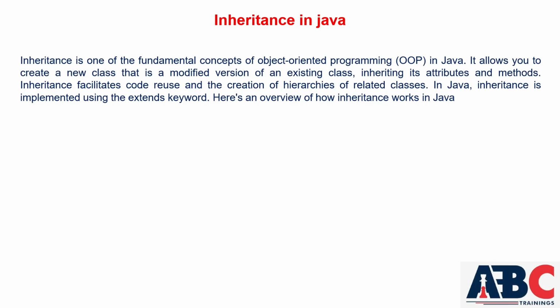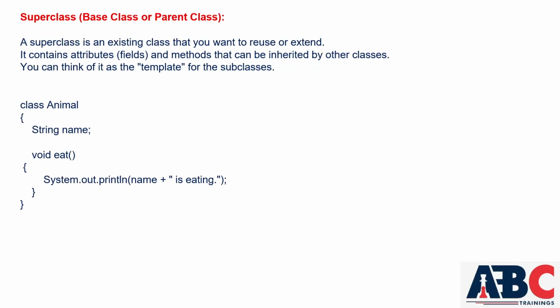We create a superclass or base class, whose attributes are inherited by the child class or subclass. The base or superclass is an existing class that you want to reuse or extend, containing the attributes and methods that are inherited by other classes. You can think of it as a template for the subclasses.